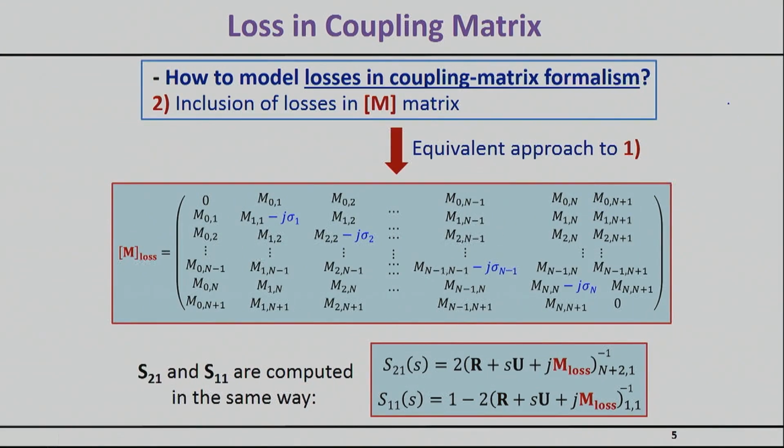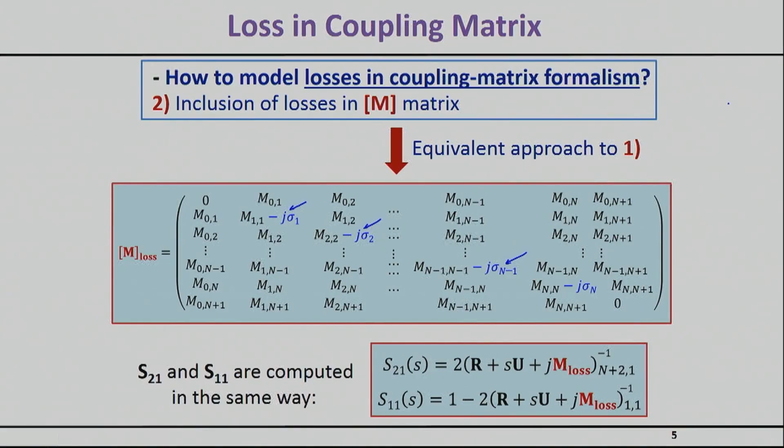Now, there's a second equivalent way, and it's really a matter of taste whether you modify the R matrix or you modify the M matrix for including loss. So if you decide not to touch the R matrix, you can take the same sigma factors and put them in the diagonal of the coupling matrix.